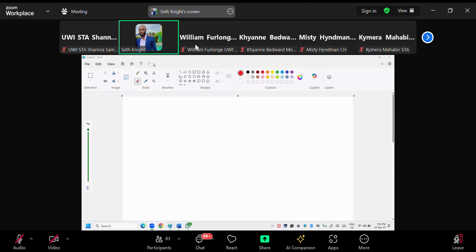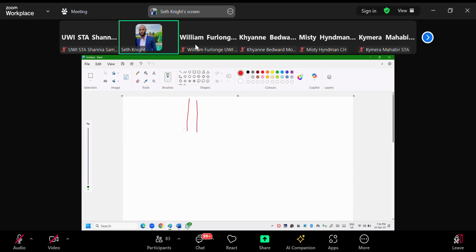So chronic lower limb ischemia is probably what's going to warrant me drawing out the vessels, right? So let's say we're starting here in our abdominal aorta. When we branch off the abdominal aorta, we're going to have our common iliac artery here.